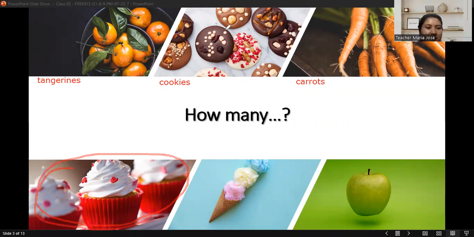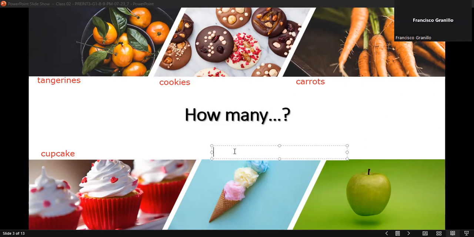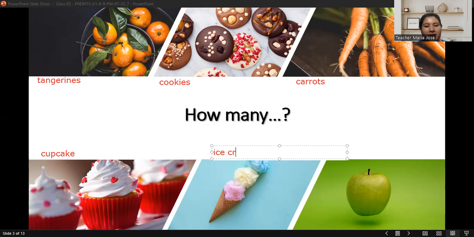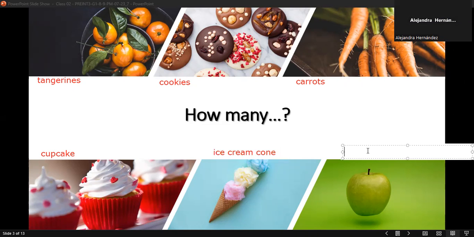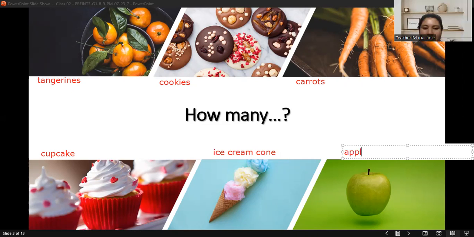Cupcake, excellent. What about the next one? Ice cream. Okay, more specifically, ice cream cone, because we have the cone to eat the ice cream. And the last one? Apple. Okay, very good.